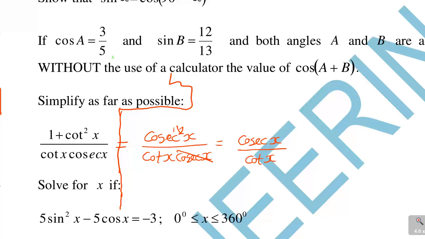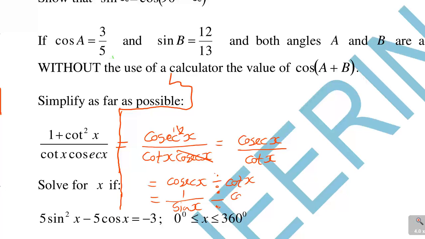That was the reason why I was arguing that. Now you know what is cosec. I will write it like this: cosec x divided by cot x, where cosec is 1 over sine x, divided by cot.